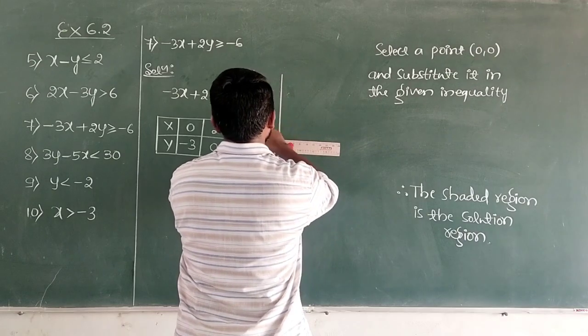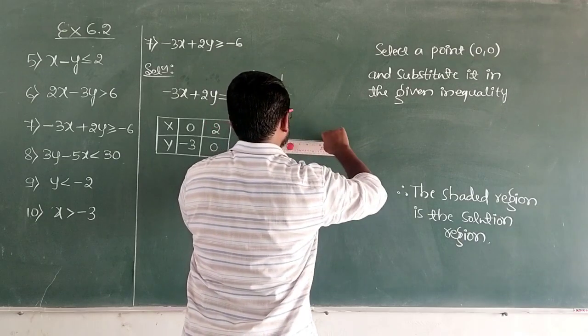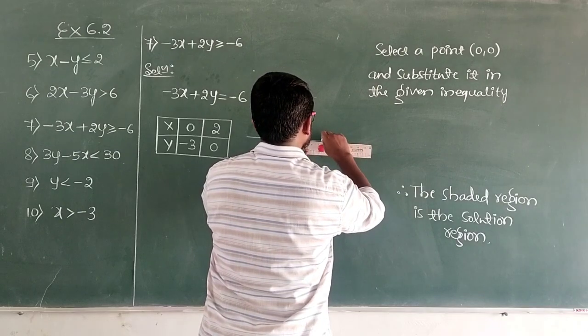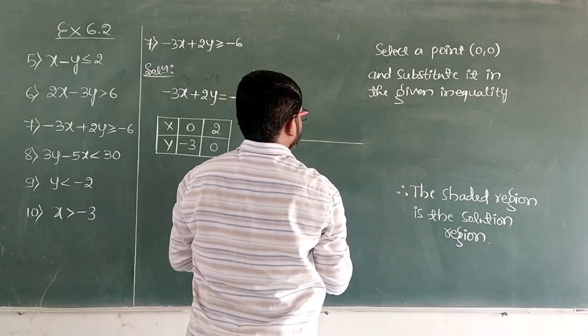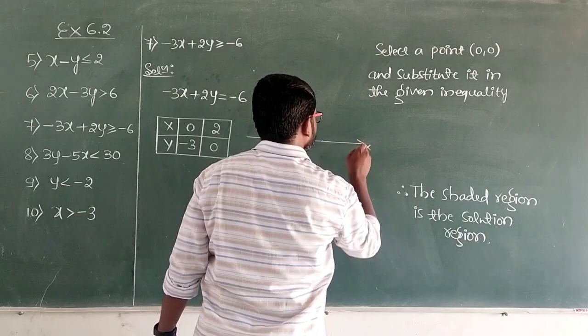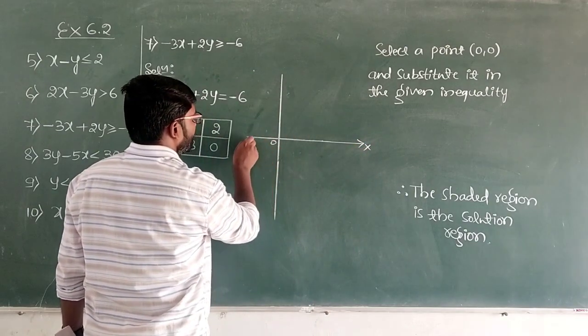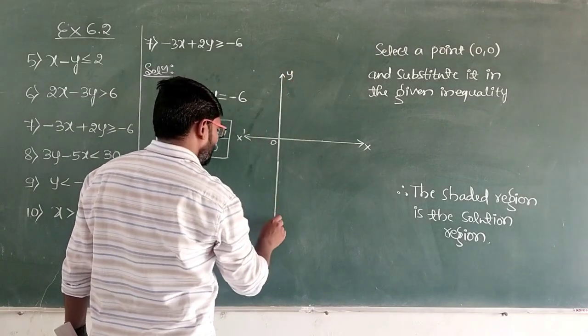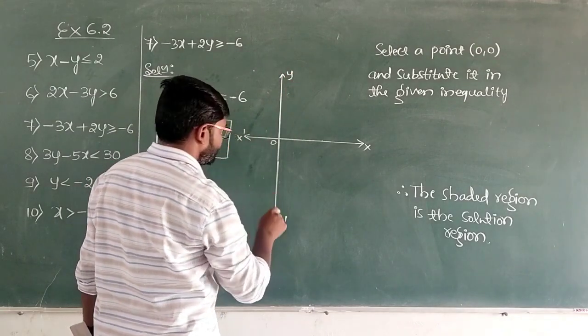Again we get the smaller graph since the values are smaller here. So this is x, O, x dash, and this is y, O, y dash.